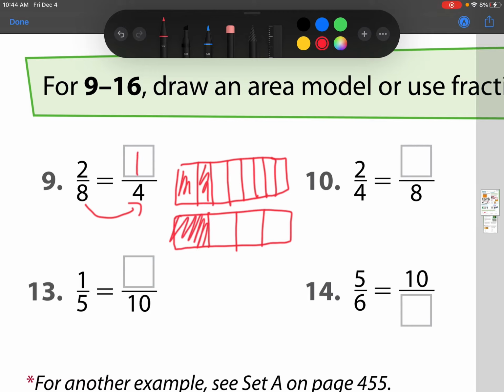We have 1 part shaded, and there's 4 total. And just to check, I could break it in half, and then I see I have 2 parts shaded, and there's 8 total pieces. Now this one, you may have noticed, instead of going to a bigger number by multiplying, it's the same as if we divided it. 2 divided by 2 equals 1, and 8 divided by 2 equals 4.